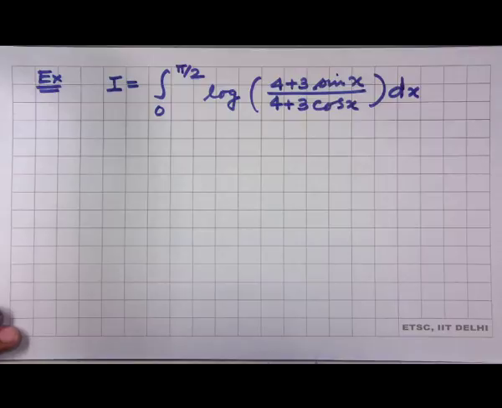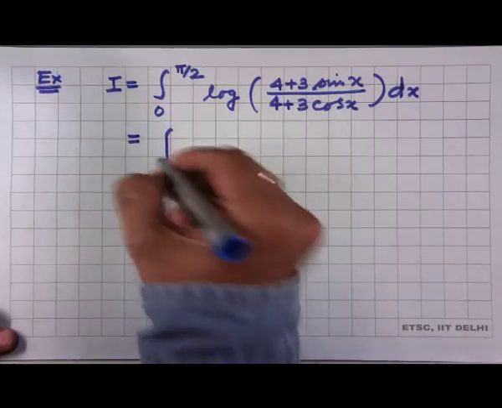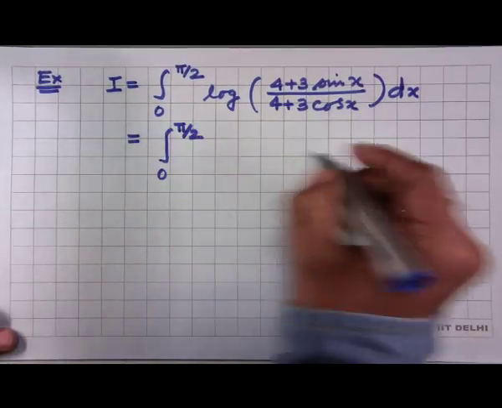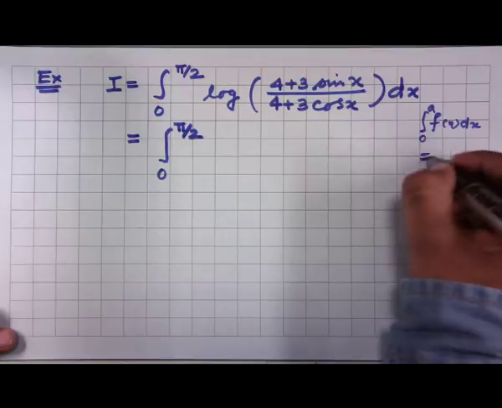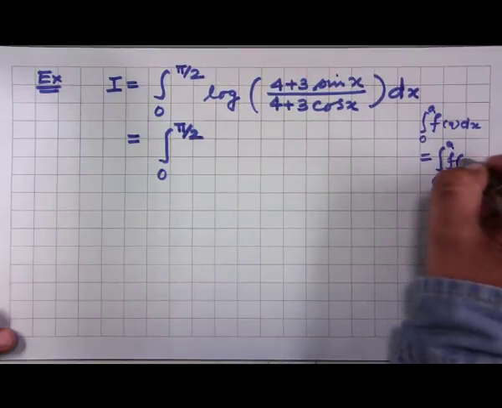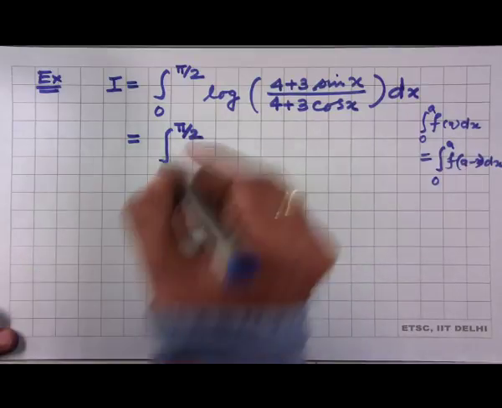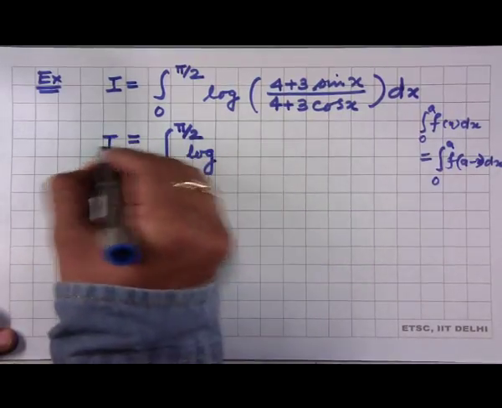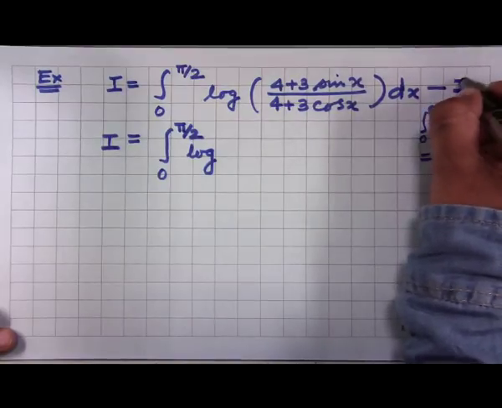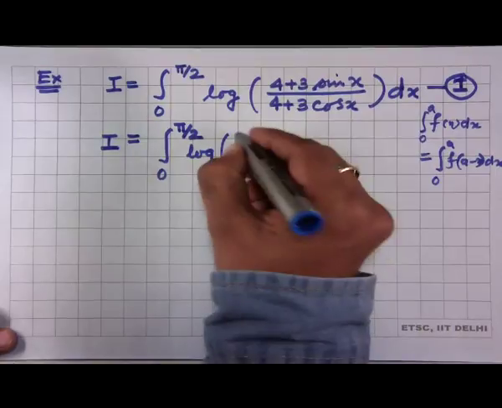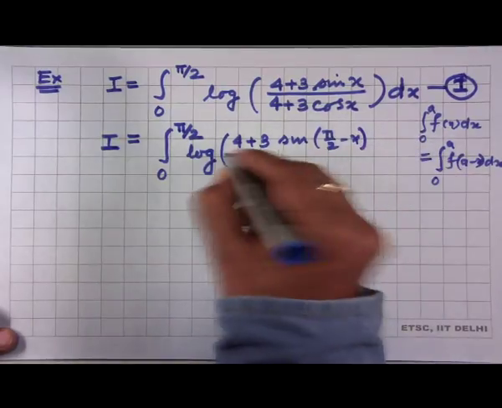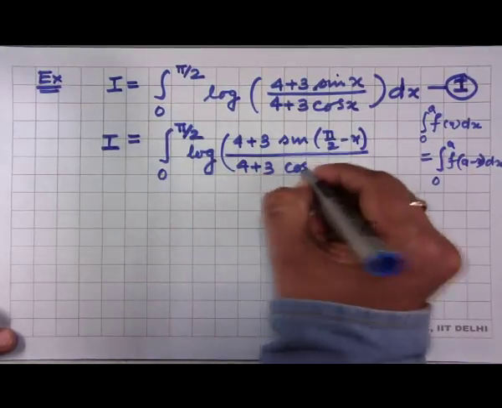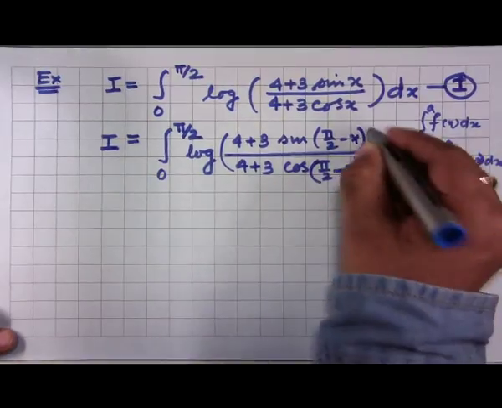At the very first instance it seems a very complicated problem as usual, but again by using the property that integral from 0 to a f(x) dx is same as integral from 0 to a f(a minus x) dx, we can write that I will be equal to, say this is equation 1, log of 4 plus 3 sin(pi by 2 minus x) by 4 plus 3 cos(pi by 2 minus x) dx.